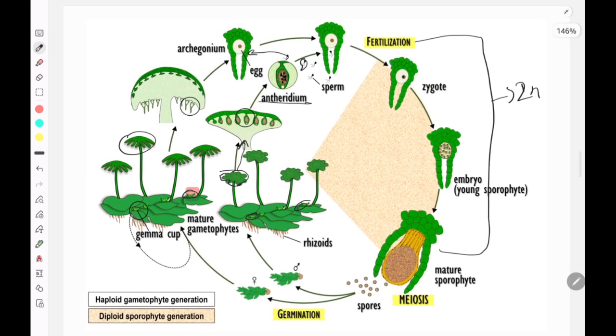If we compare the diploid and haploid life of the plant, in this case liverworts, you can see that the life cycle of liverwort is mostly haploid or haplontic. That's why their main body is the gametophyte, and the reproductive body, the sporophyte, is temporary and dependent on the gametophyte.